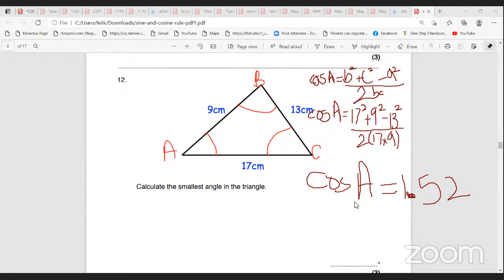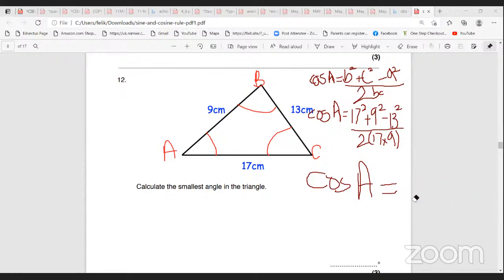What is 17 square plus 9 square? When I did it, I got 0.656. All right, that's more like it. You should be getting 0.370 something.